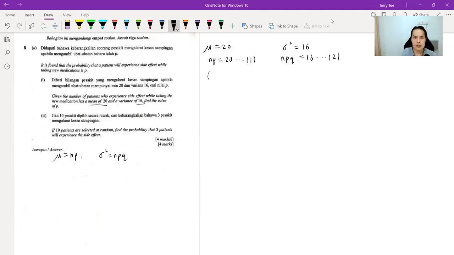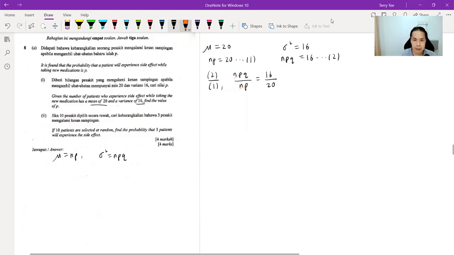Now let's take equation 2 divided by equation 1. NPQ divided by NP is 16 over 20. We can cancel NP and NP, and I get my Q. 16 over 20 is 4 over 5. So I've got my Q.